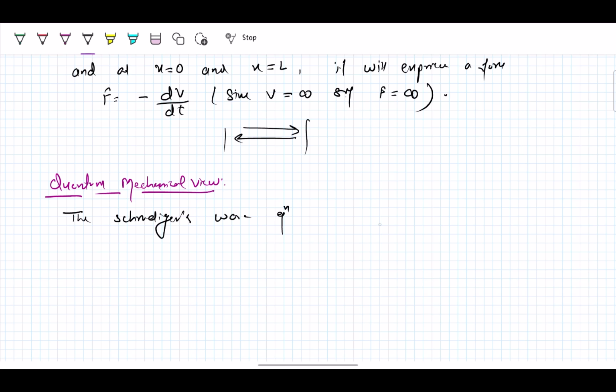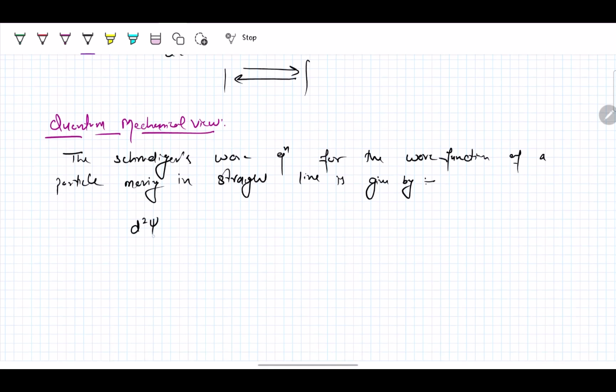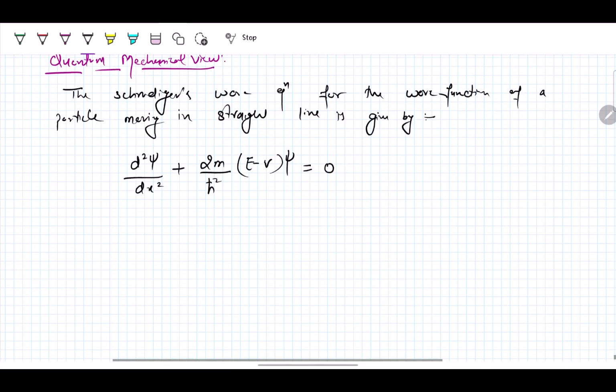The Schrodinger's wave equation for the wave function of a particle moving in a straight line, or in one dimension, is given by d square psi over dx square plus 2m over h cut square (E minus V) psi equals 0. Let's say this is equation number 1.